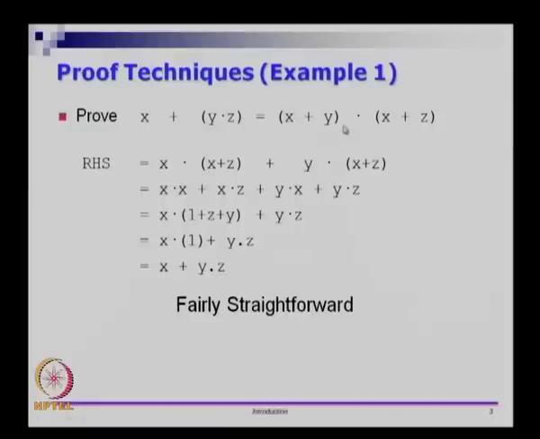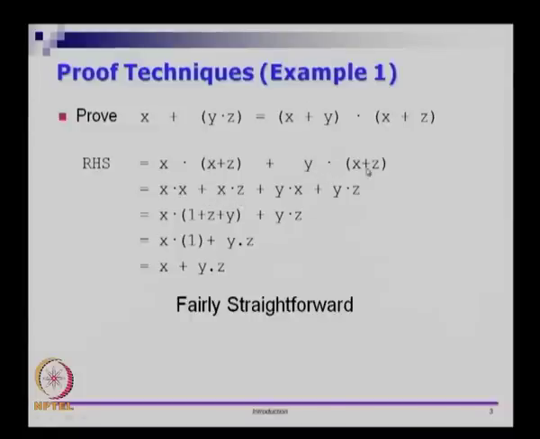So, let us start with this x plus y and x plus z. Right. So, I start with the right hand side. You can rewrite it as x and x plus x or z, or y and x or z, because you have these two terms and you have these two terms. In some sense it is like expanding the expression which you do in regular algebra. So, now you have x and x plus z, you can write it as x and x or x and z.